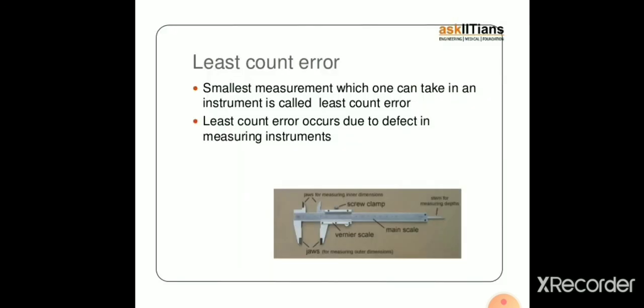The figure shown is that of a vernier calipers, and we had already seen the smallest measurement which one can take in an instrument is called least count. And least count error occurs due to defect in the measuring instruments.